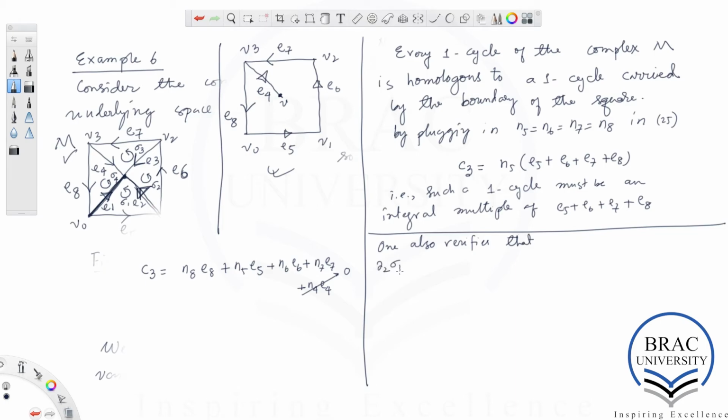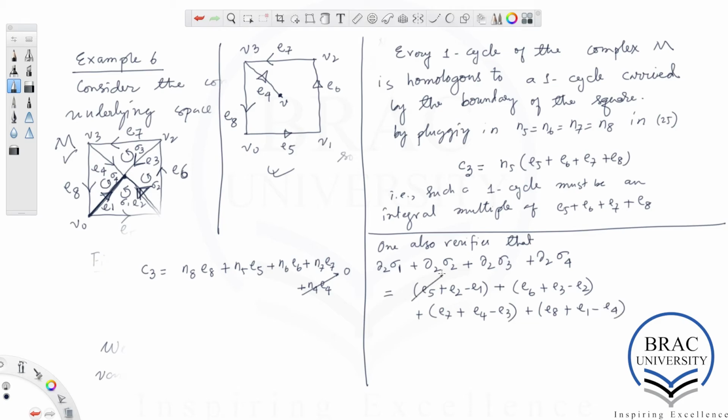One also verifies that the sum of the boundary of the two chain sigma 1, the boundary of sigma 2, the boundary of sigma 3 and the boundary of sigma 4 is equal to E5 plus E2 minus E1 plus E6 plus E3 minus E2 plus E7 plus E4 minus E3 plus E8 plus E1 minus E4.